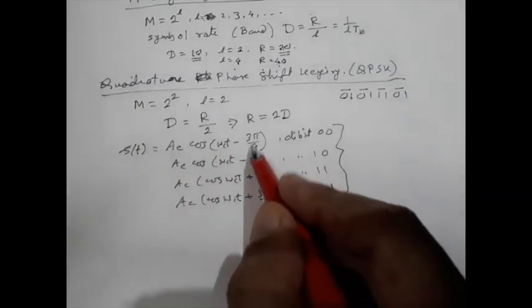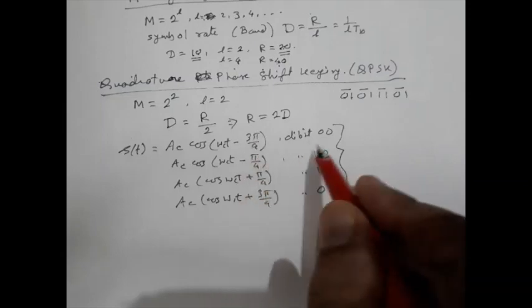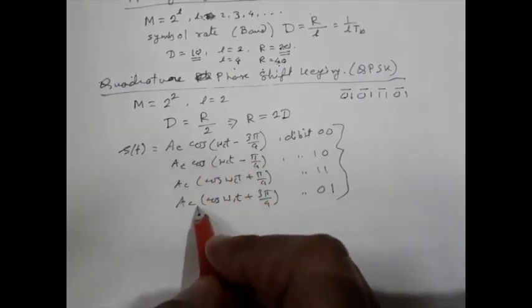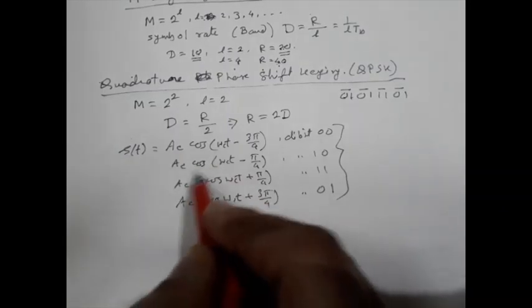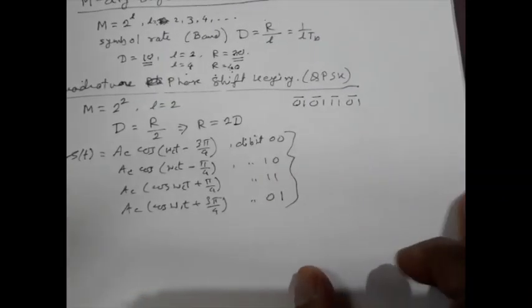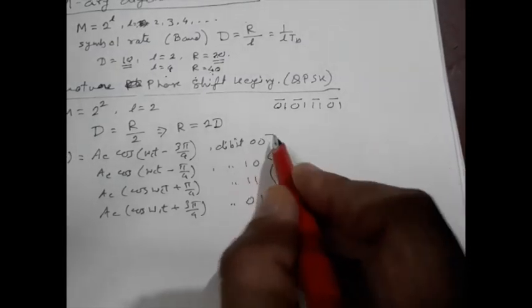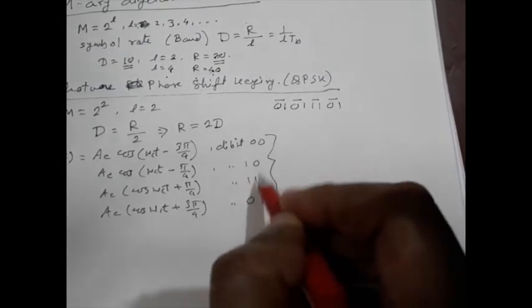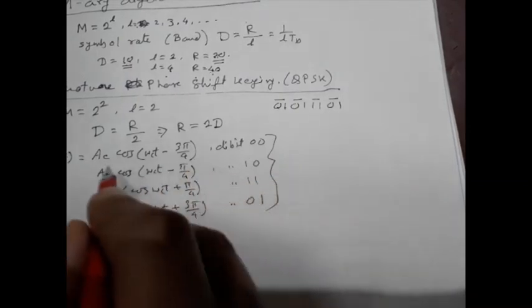So this phase will change depending on the dibit, keeping the amplitude and frequency constant. For the 0 0 symbol, we can have different variations of this QPSK.